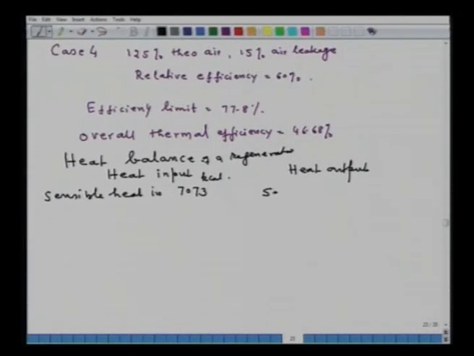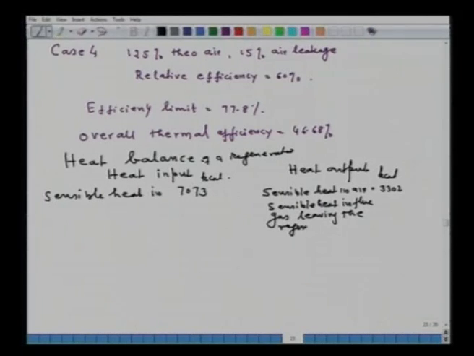Output: sensible heat in air is equal to 3302 kilocalorie, sensible heat in flue gas leaving the regenerator is now equal to 3694, and heat losses are the same, 707.